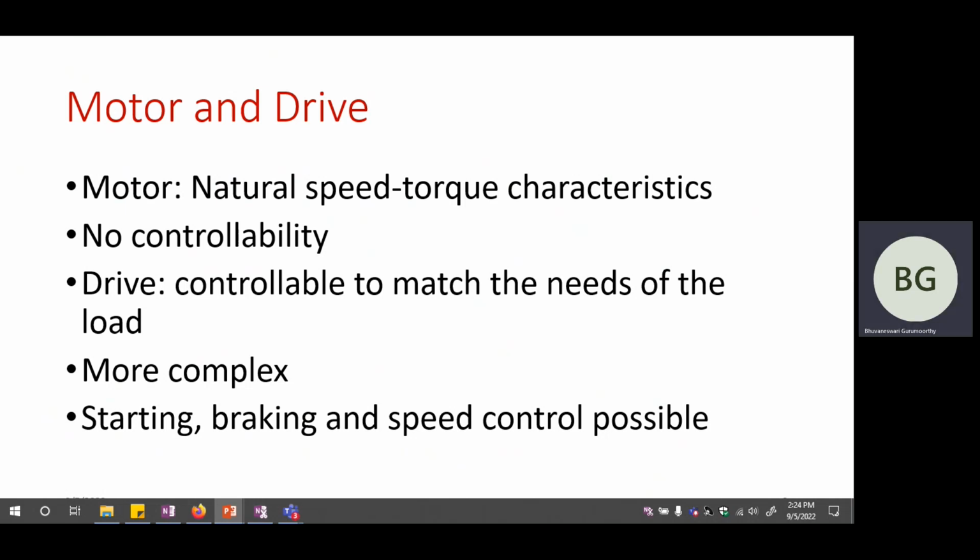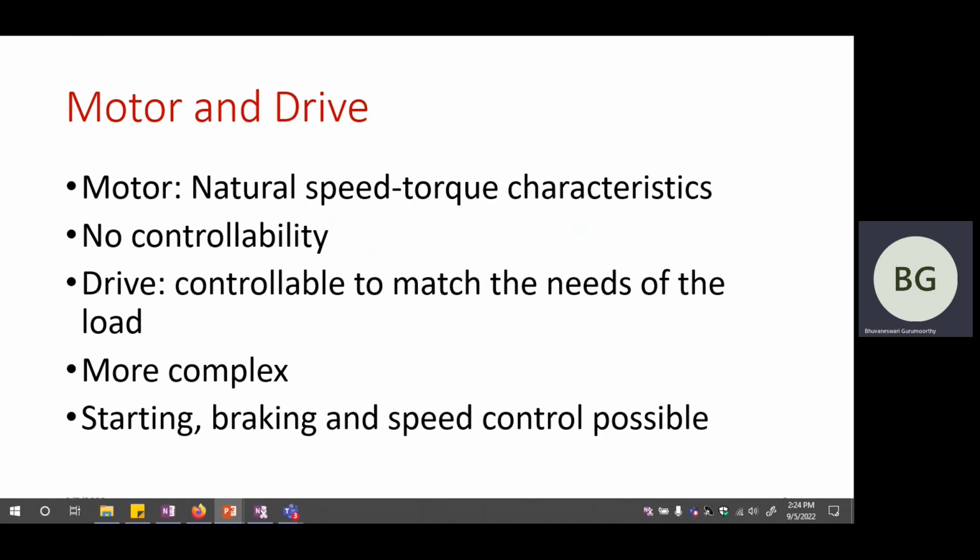And whenever we are talking about a motor, we will be in a position to start, we will be in a position to brake, we will be able to run it. But we may not be able to control the starting, how quickly you want to accelerate the motor, how quickly you want to stop the motor, which is known as controlled braking, and the control of speed and torque.